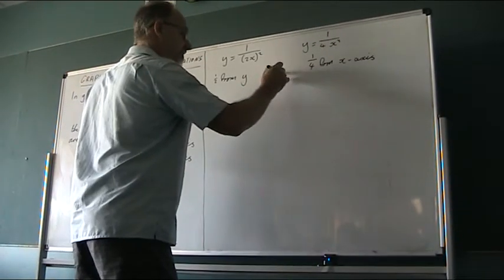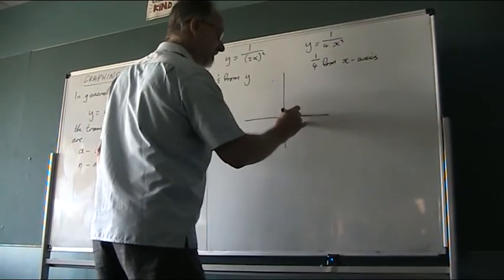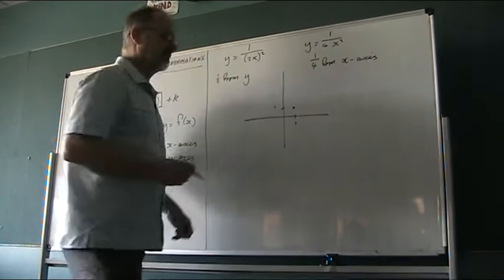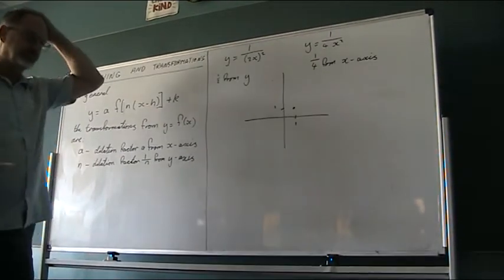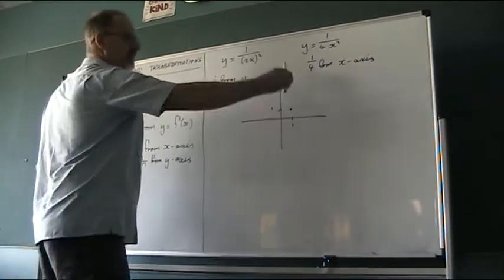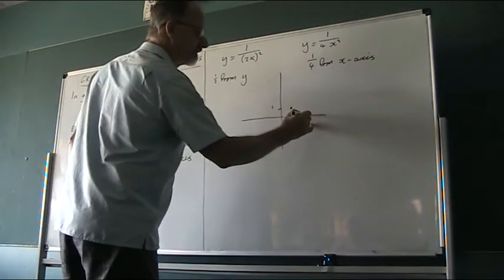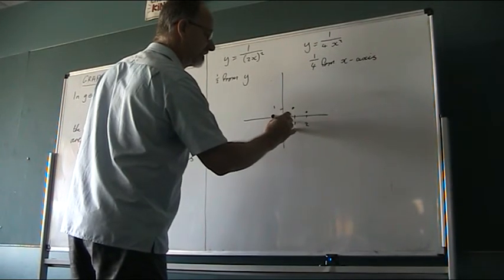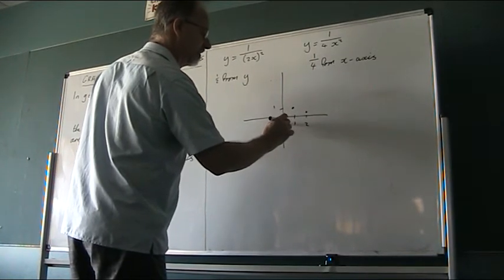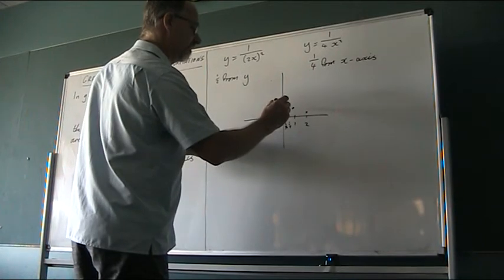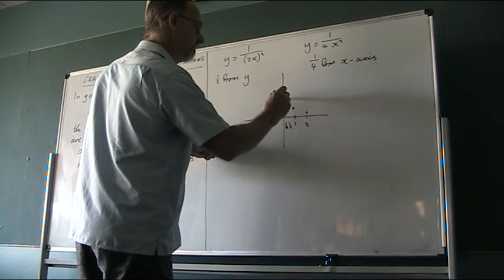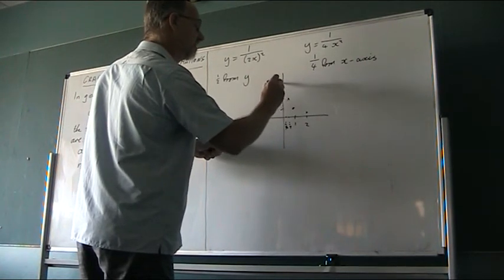And just to complete all of that, so say I'm looking at the point (1, 1), for example, depending on which way we look at it. So normally the point at 1/2 is at 2, and 1/4 is at 4.